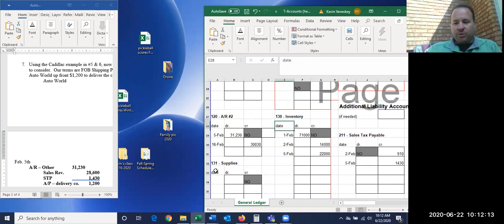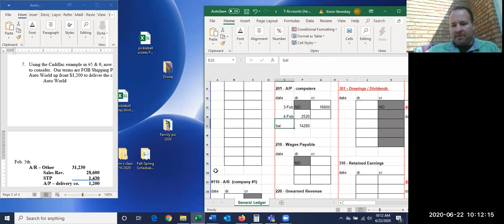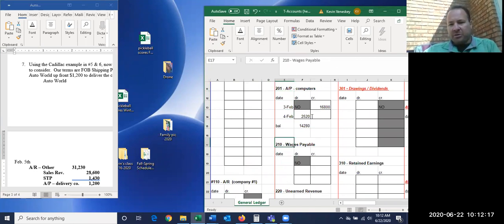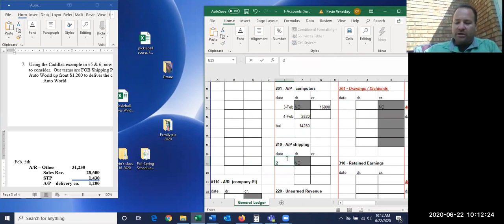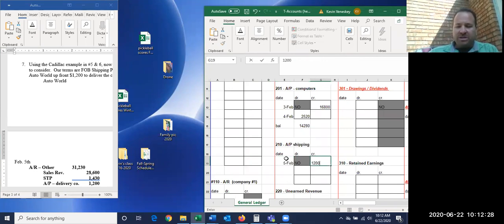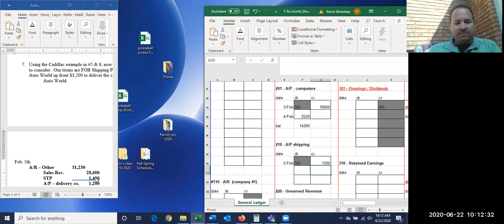But I also then need to put in the AP. Let's call this AP shipping company. And on 2-5, I just increased what I owed the shipping company, $1,200, because the buyer is going to pay for that.